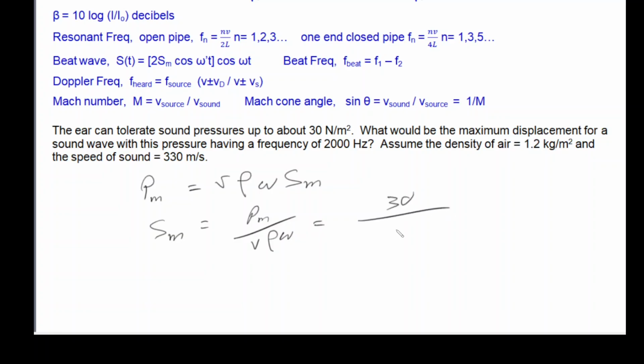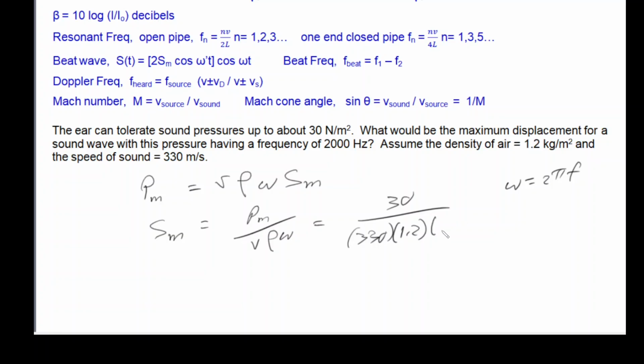That's 30 over velocity, which is 330, times density, 1.2. Now, omega is equal to 2 pi times the frequency.